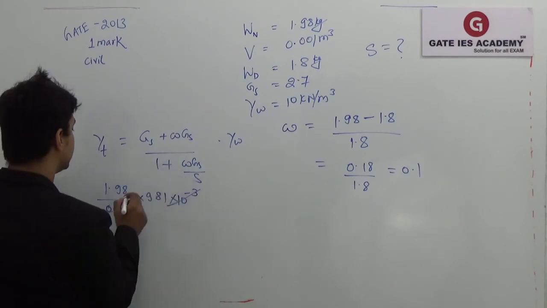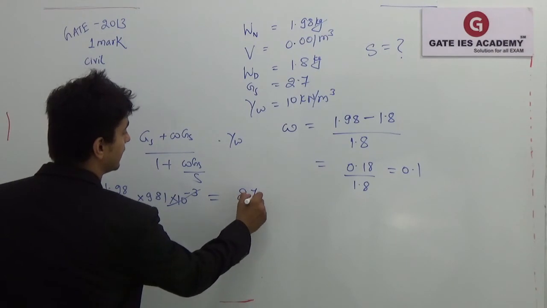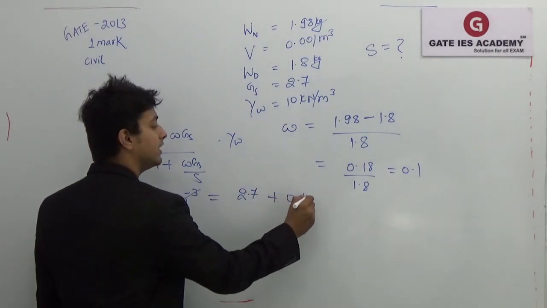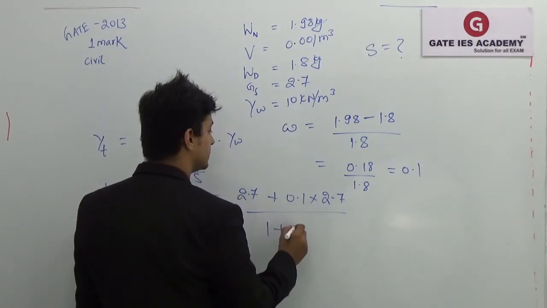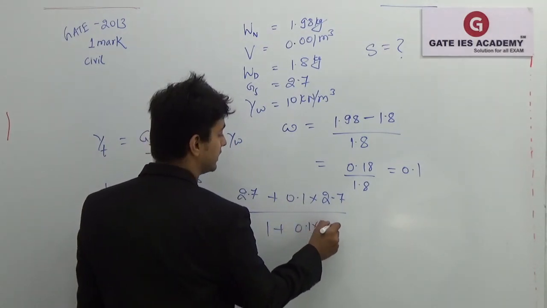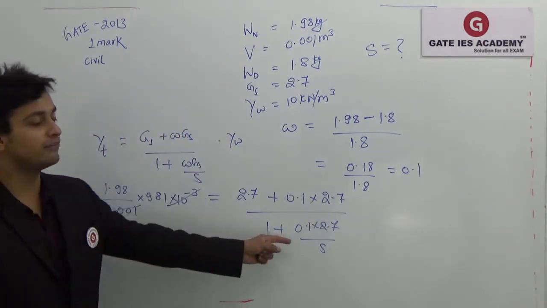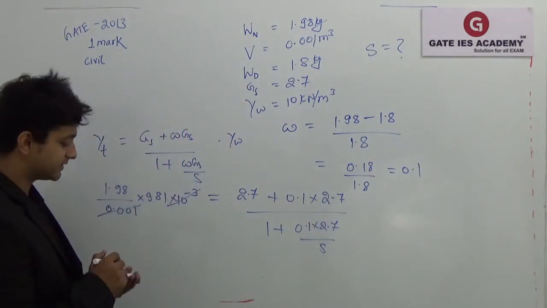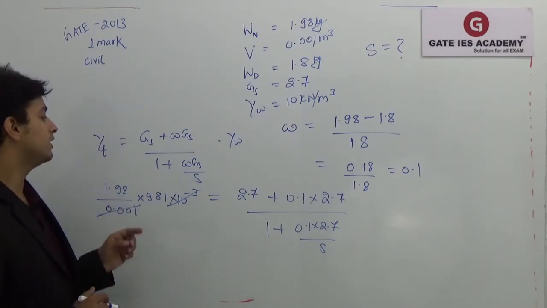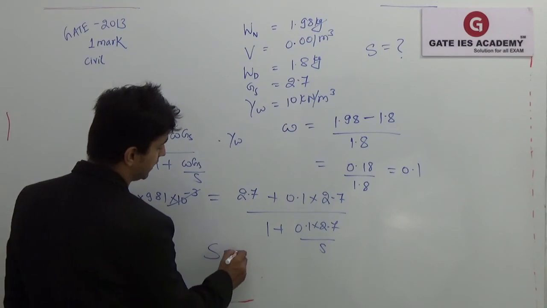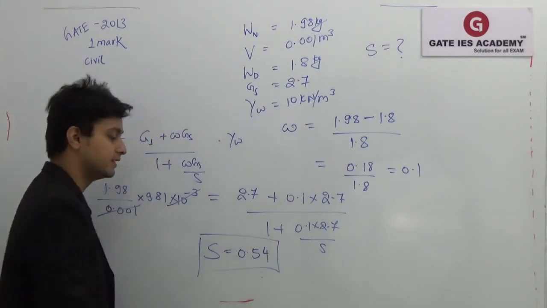Now gamma T is equal to GS, given as 2.7, plus W, which is 0.1, into GS, again 2.7, upon 1 plus 0.1 into 2.7 divided by S. So only one variable is left, that is S. We can calculate from here that S comes out to be 0.54, which is very easy.